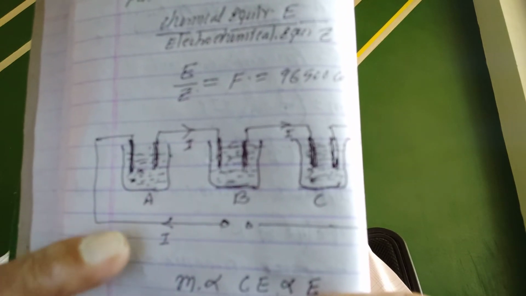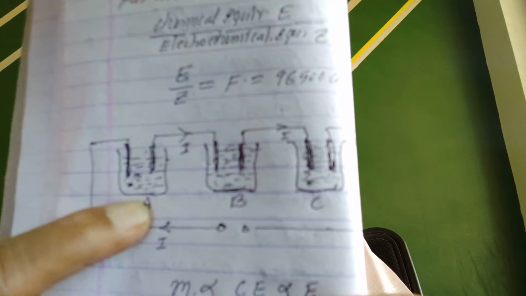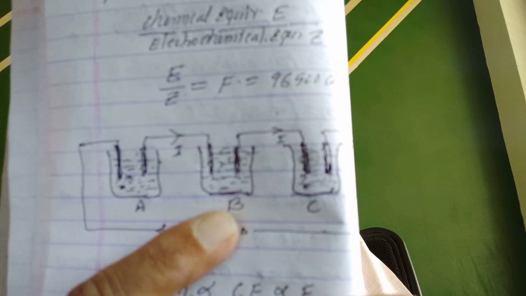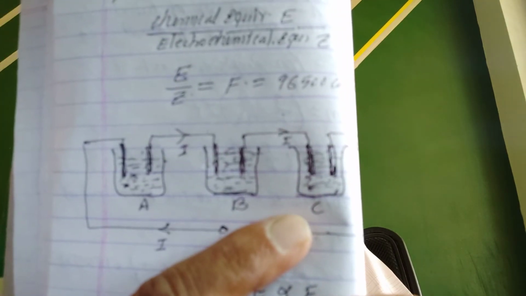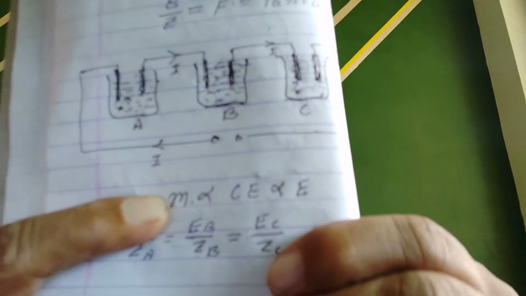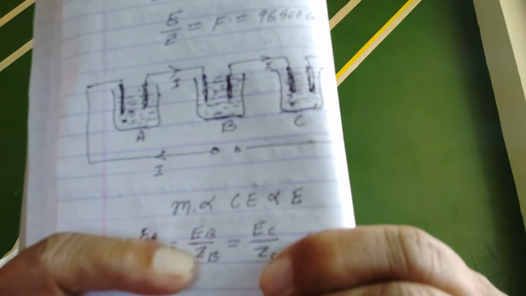The mass liberated by A is proportional to the chemical equivalent of A, by B to the chemical equivalent of B, and by C to the chemical equivalent of C. So we have written that mass is proportional to the chemical equivalent of the substance.